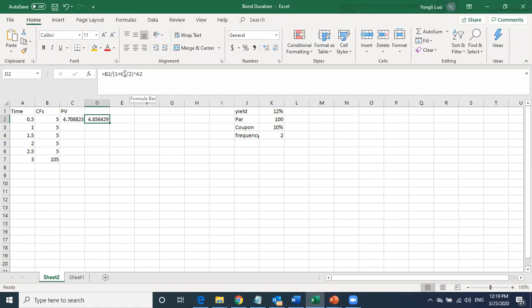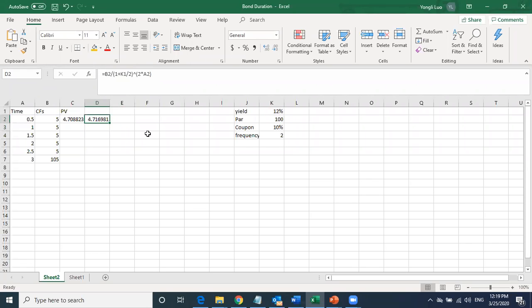So if they don't have this, the coupon rate, 12% divided by 2, so that's the yield divided by 2 and raised to the power of the time. I think this is gonna be parentheses 2 times.